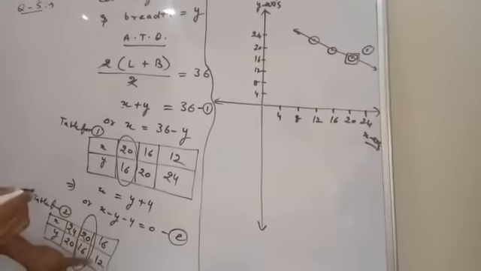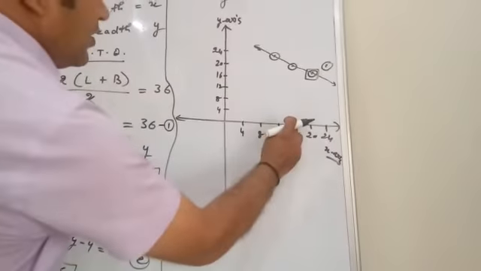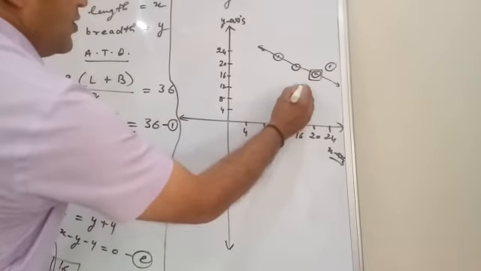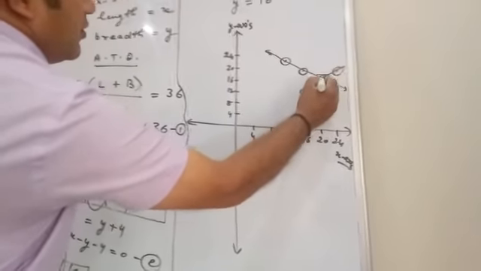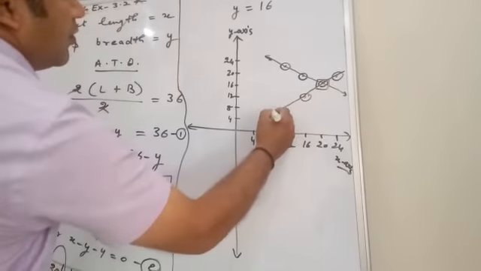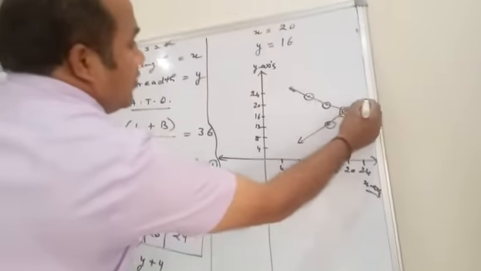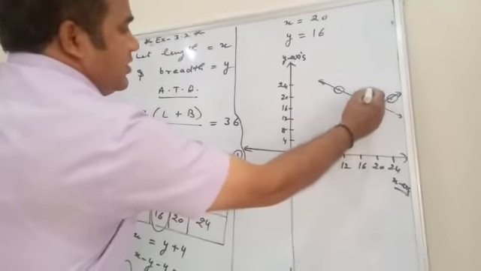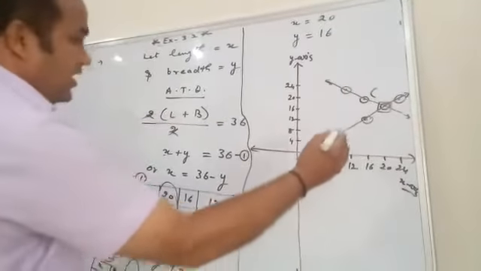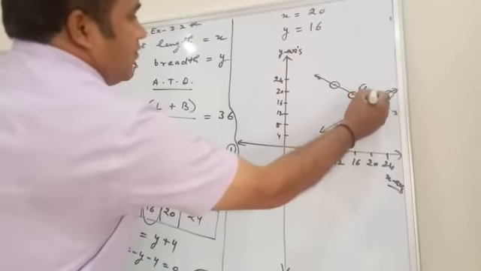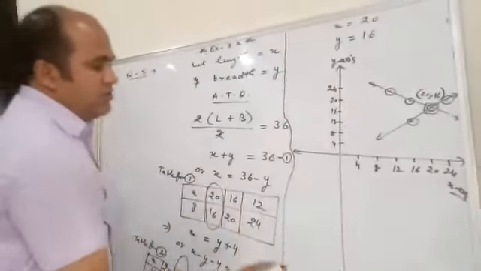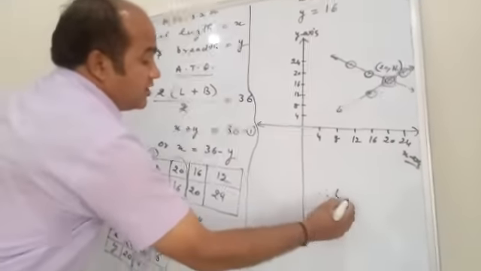Then x 16, y 12. See, both lines intersect at this point, x 20, y 16. So this is the solution of this question.